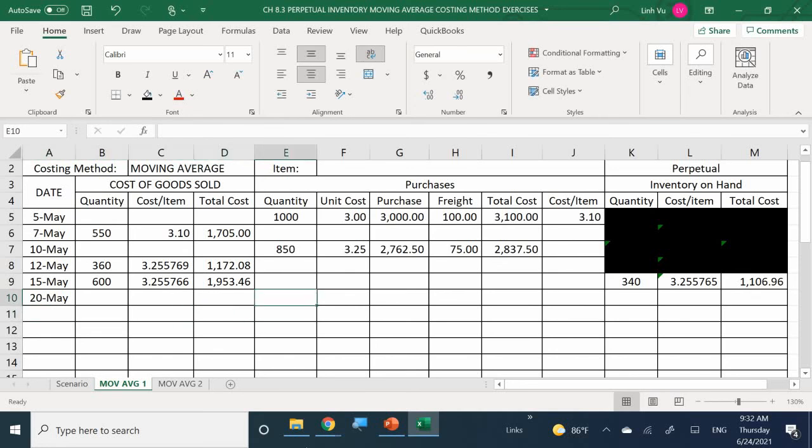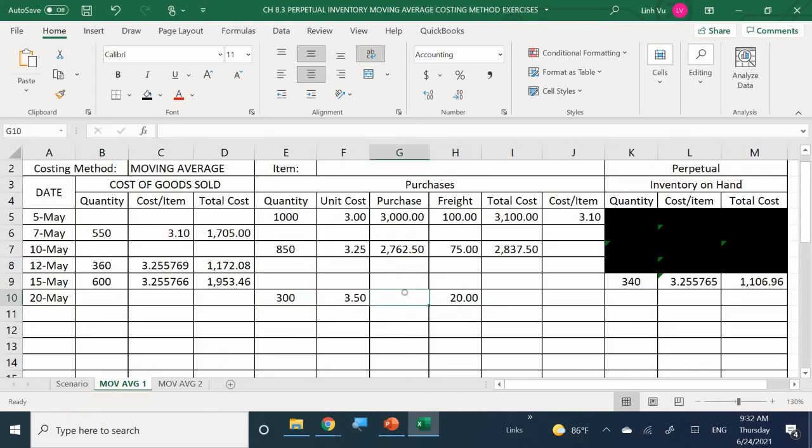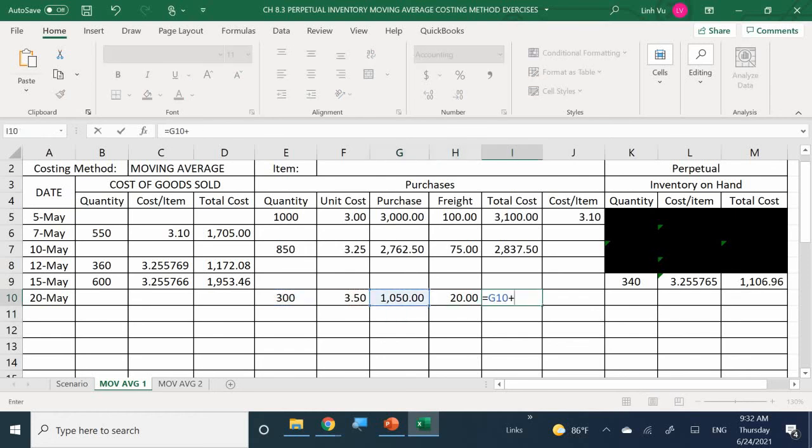We purchased 300 units at $3.50 with the freight costing $20. Okay. So what is my total purchase here? $1,050, plus 20, $1,070.